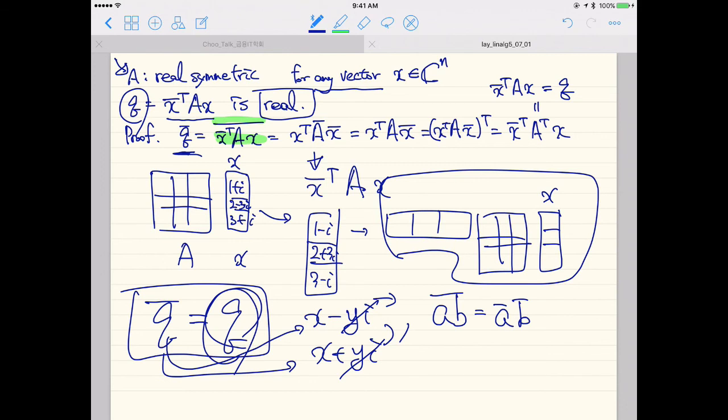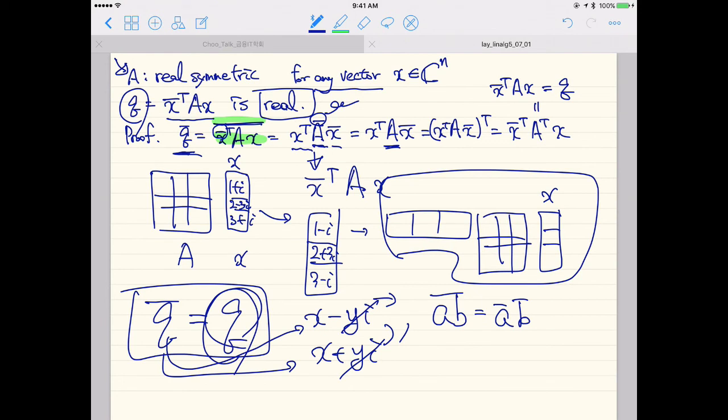So we can distribute this bar into each element, and then we have just X transpose because we already had a bar here, right? And then X bar and A bar and X bar, and this A bar is the same as A because your matrix A is already a real matrix, so it's not containing any complex number. So we can just remove this guy, right?